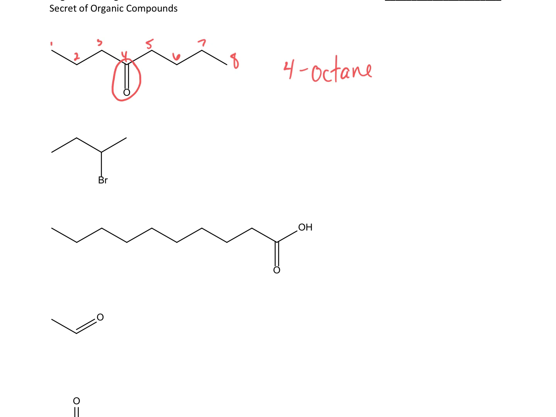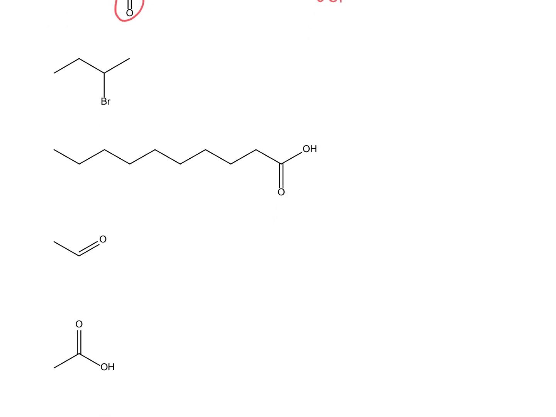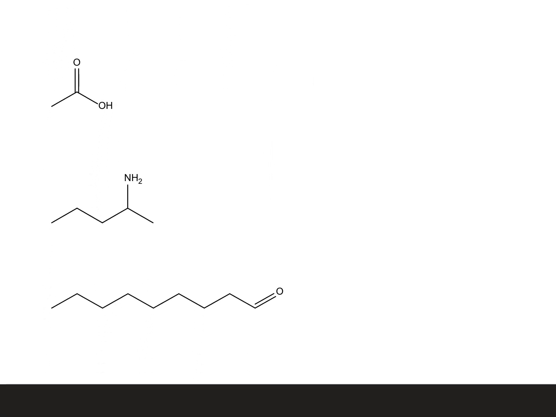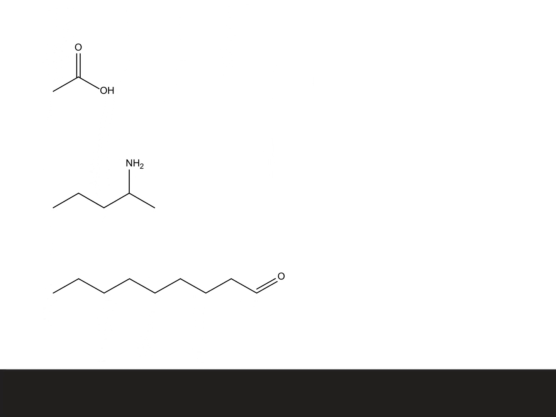And then remember, we remove that E and instead put in one. So this becomes 4-octanone. So from there, you probably can figure out the rest of those, at least I hope. So try those.